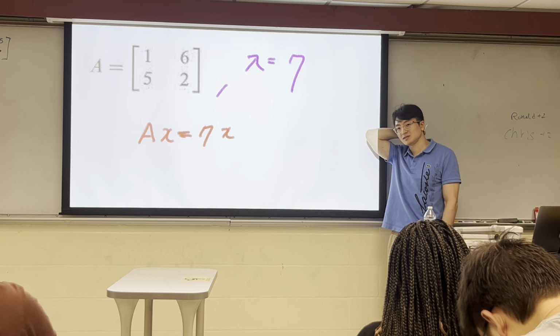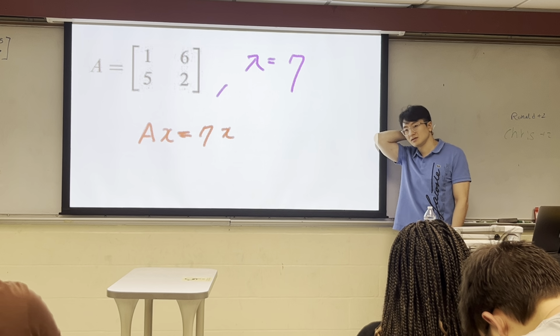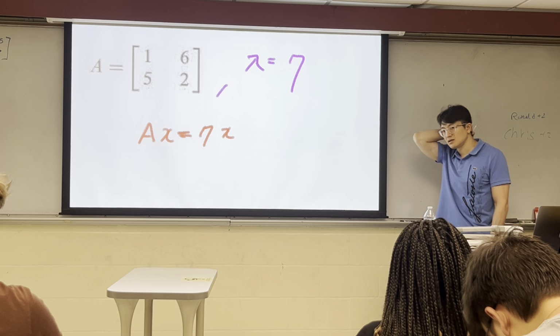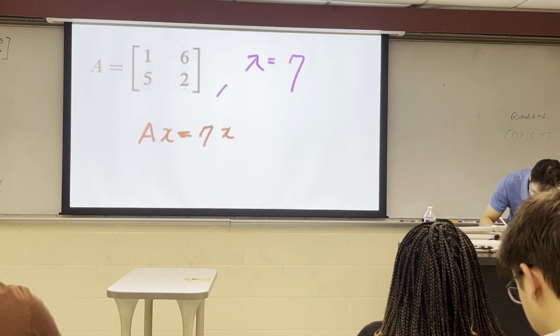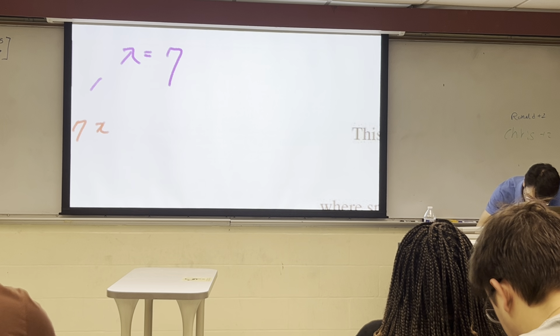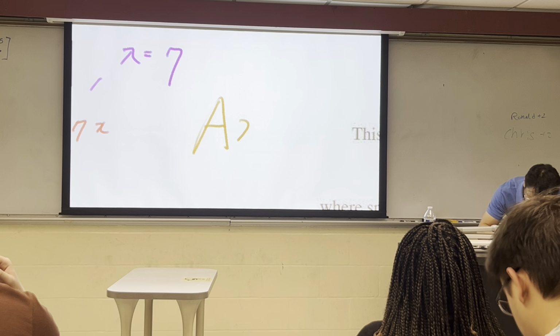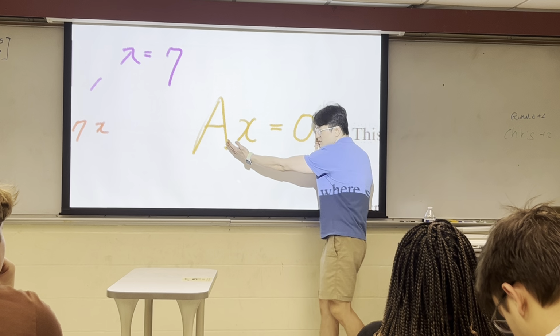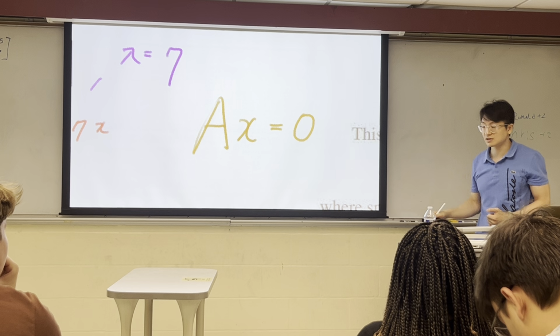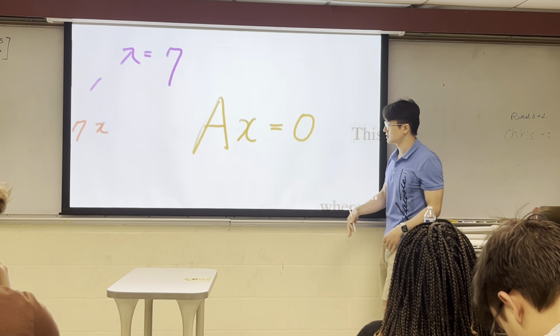It's creating the matrix and solving for 0. Yes. The null space is: you have some matrix A, and whatever vector makes this thing 0 is going to be in the null space.